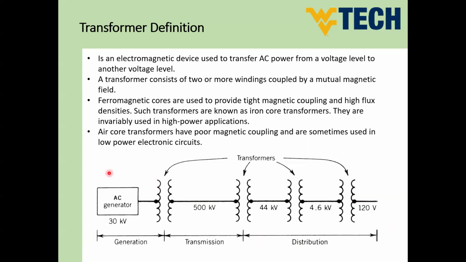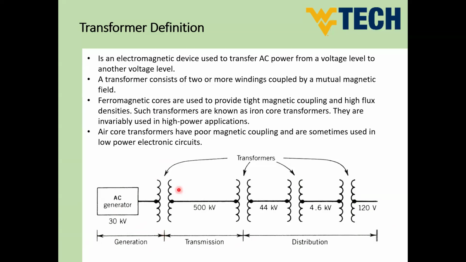For the AC generation stage, regularly we generate the volt at a small, not very low, but small high volt magnitude, like as you can see here, 30 kilovolts. So 30 kilovolt can be classified as medium or relatively high volt.